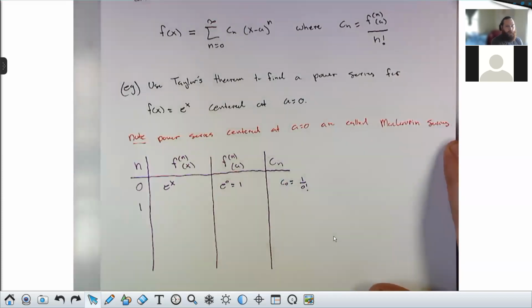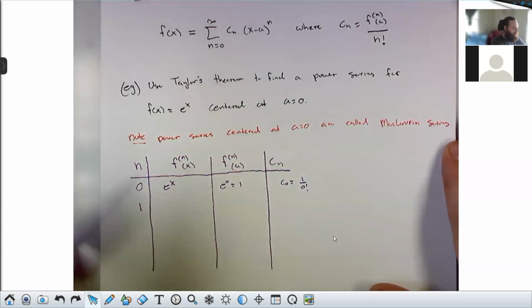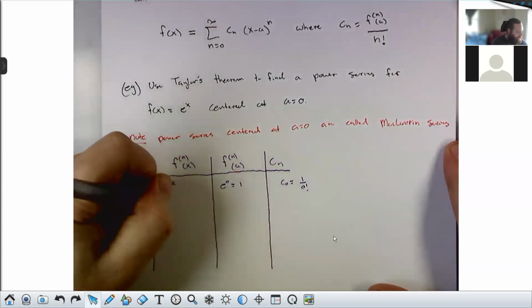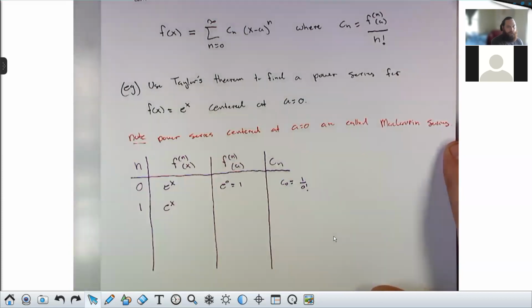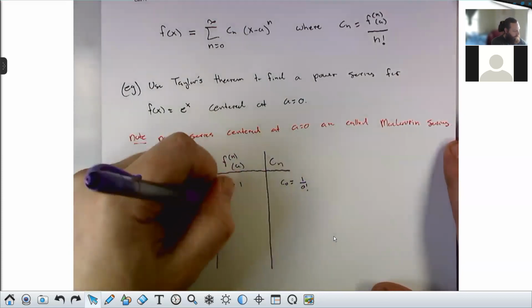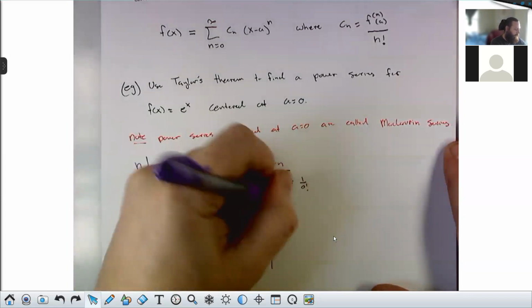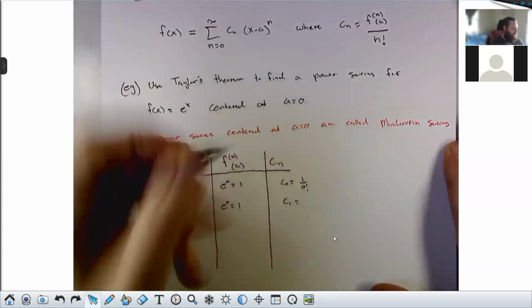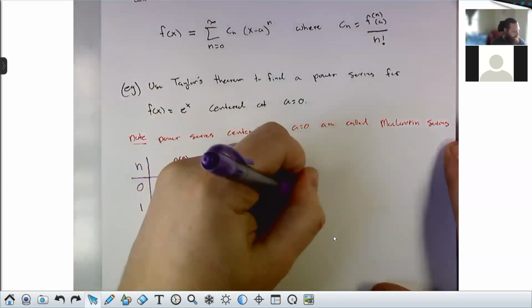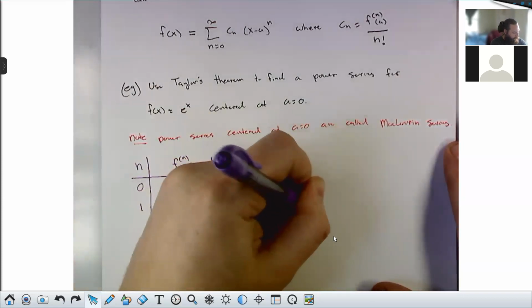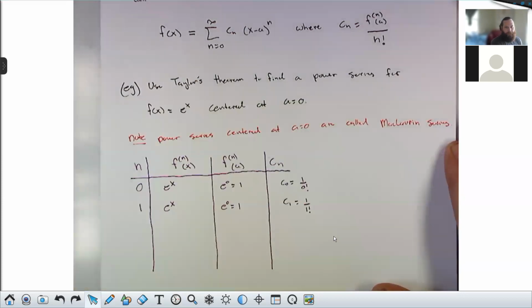So the n equals 1 term is going to come from the first derivative of e to the x, which is just e to the x. And if I plug in my center, that's e to the 0, which is 1. And then to get C1, you just divide this by 1 factorial. So C1 is 1 over 1 factorial.